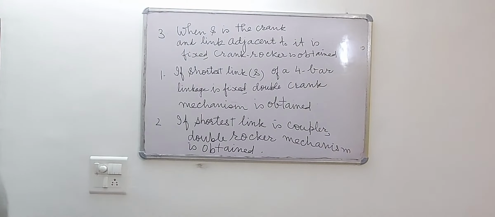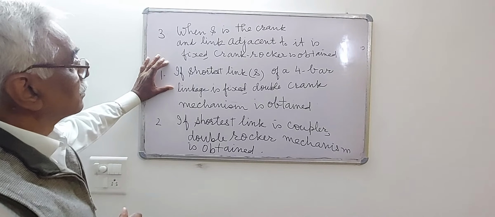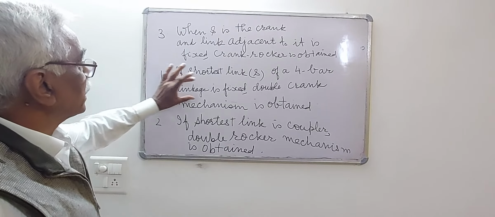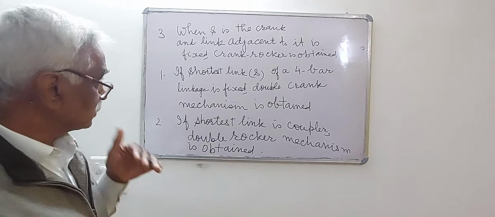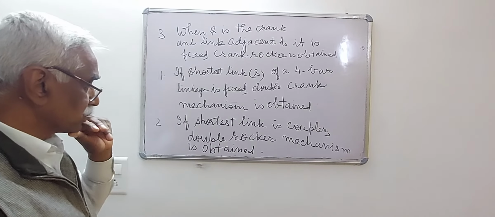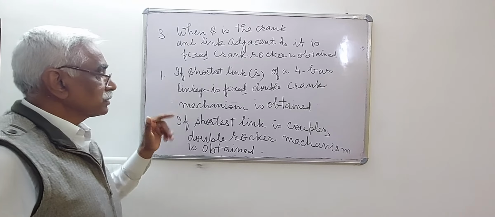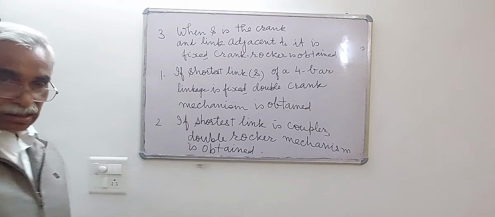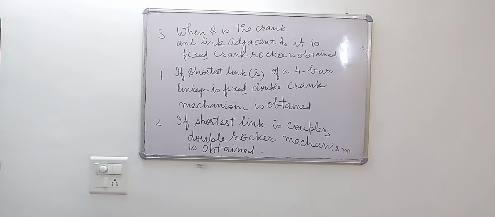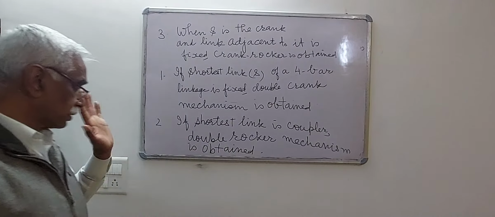So 3 conditions should be met for a 4-bar linkage. Condition number 1: if the shortest link, that is S, of a 4-bar linkage is fixed, a double crank mechanism is obtained, so there will be 2 cranks. If the shortest link is the coupler, a double rocker mechanism is obtained.